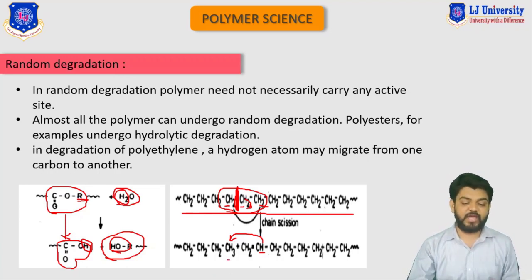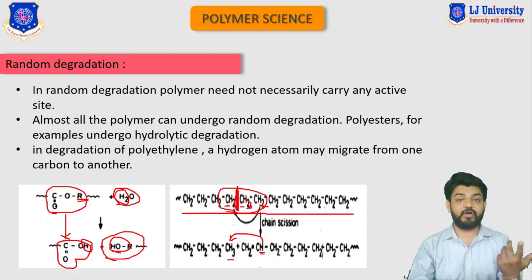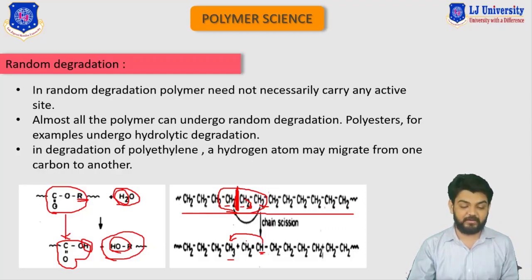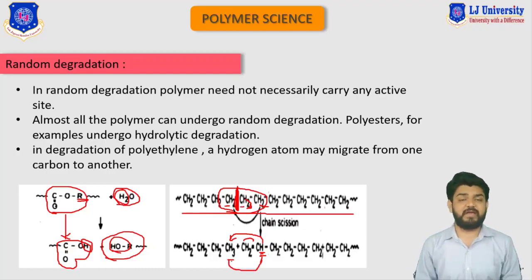That's why we have CH3 here. And this particular carbon has CH2 because it has to make one more bond with this specific carbon here, right? So you can see that we have a double bond here because one hydrogen is shifted from this particular carbon to this particular carbon, right? So we have CH3 here. So this is another type of random degradation process.